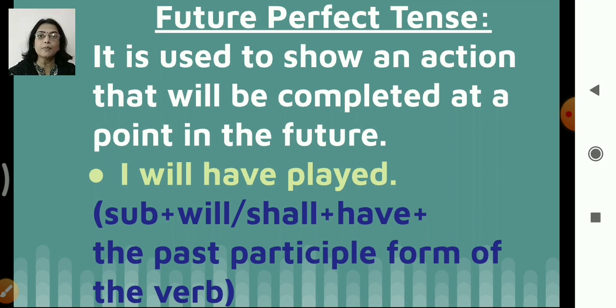So you have the subject, that is I, will or shall, have, and the past participle form of whatever verb is there. Play has become played. I will have played. Followed?